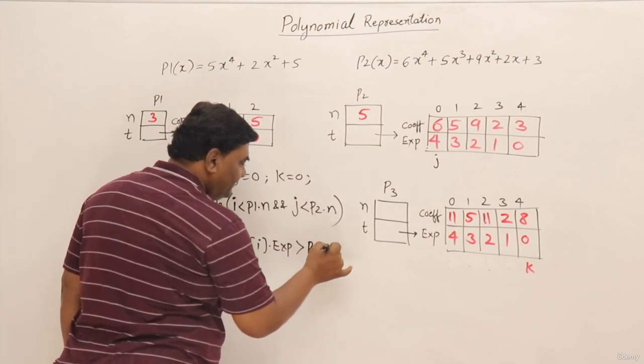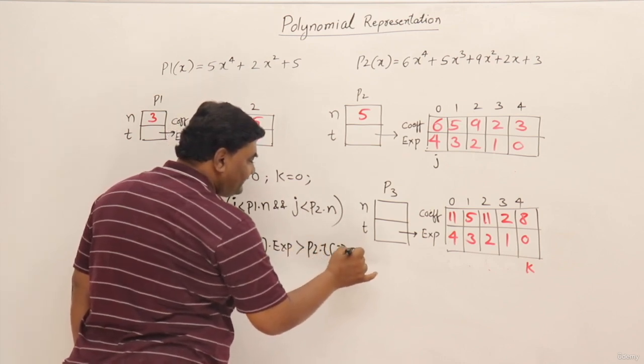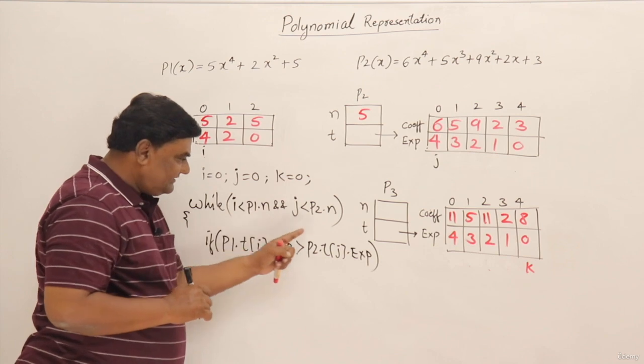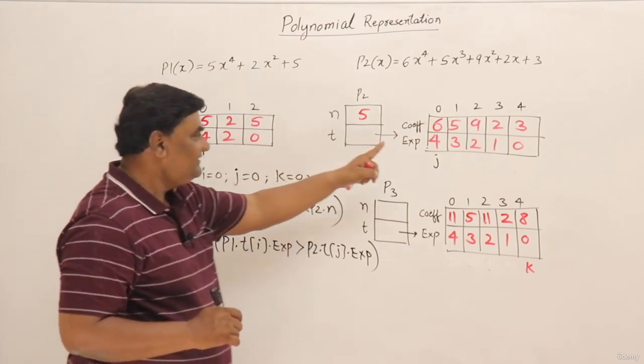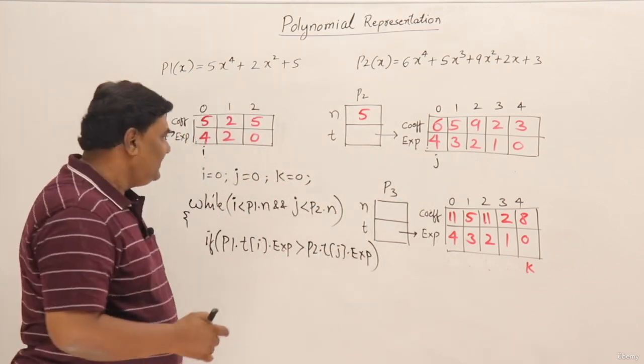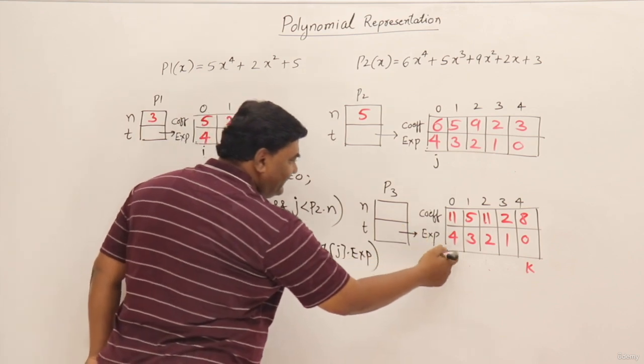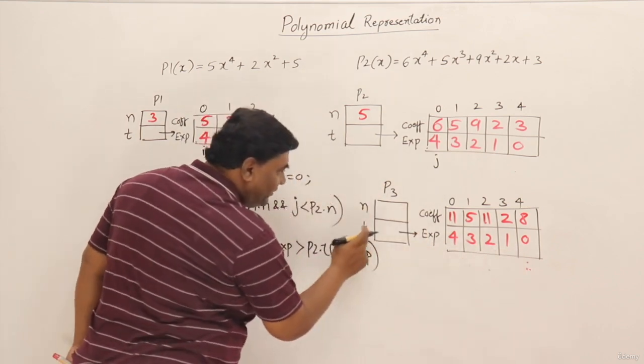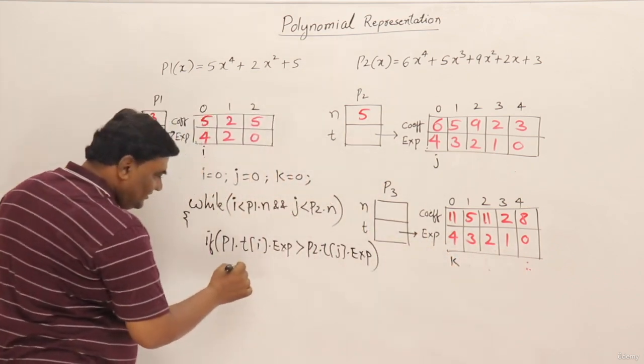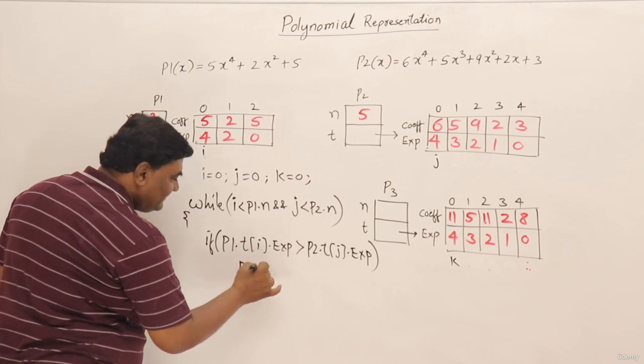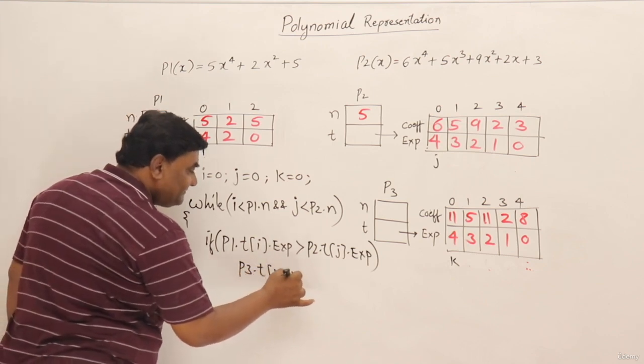If this is greater than that one, then copy this one as it is in P3's T of k. So P3's T of k plus plus also.